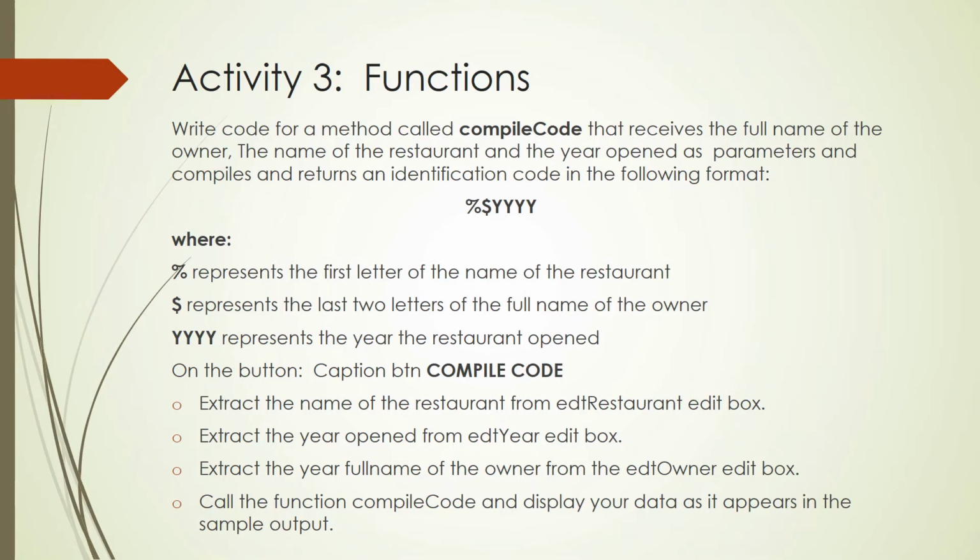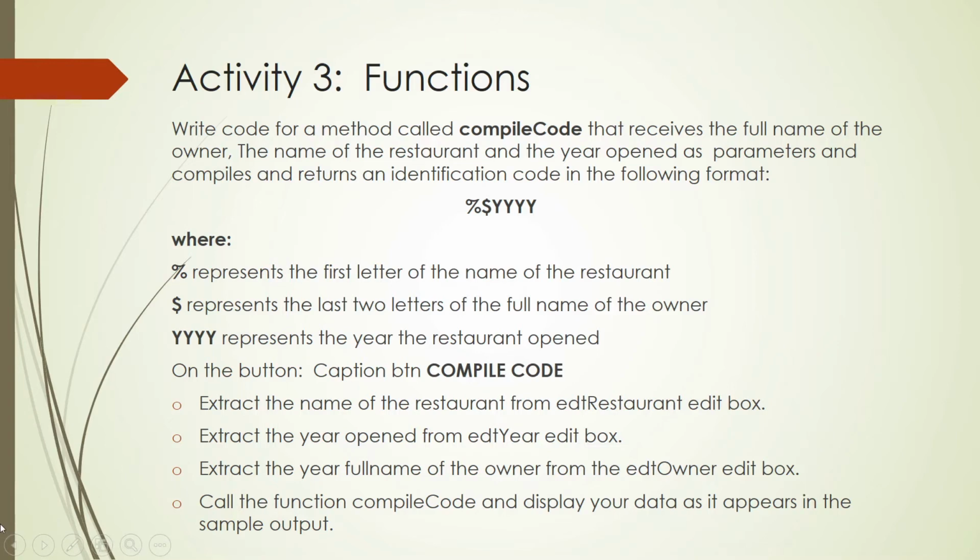The return data type of that function must match the return value of this function that you are sending out. Also remember that the function uses the reserved word result, or it can use the name of the function, compile code, to send out the value.